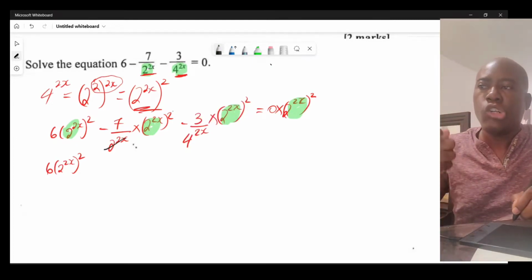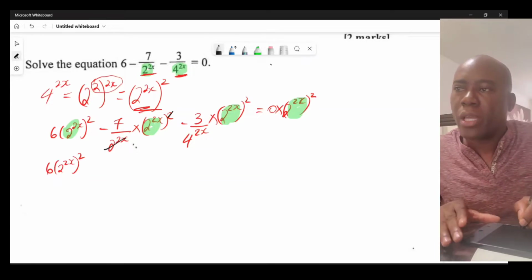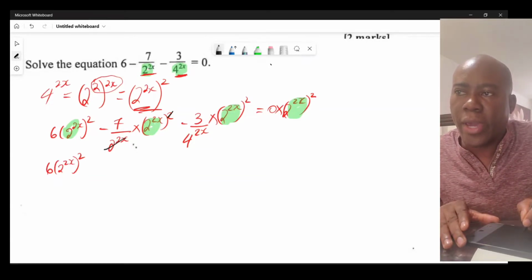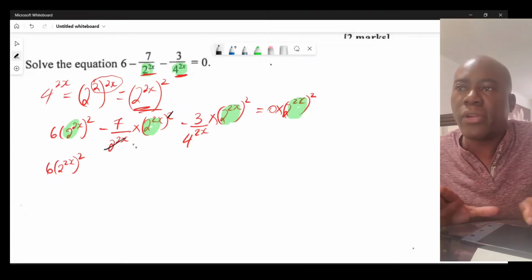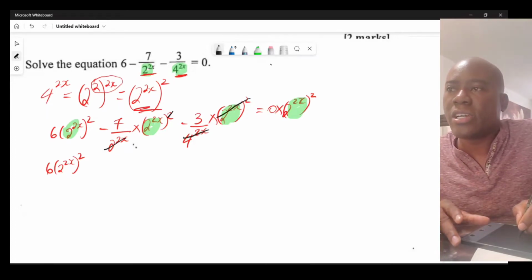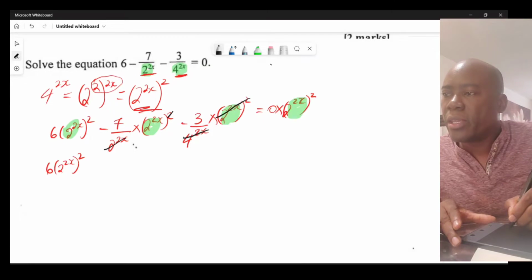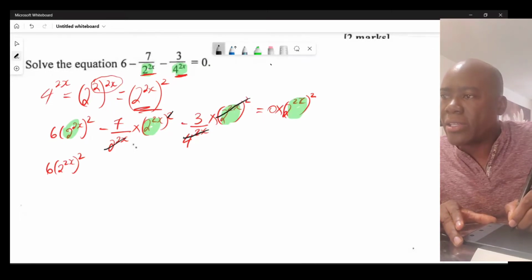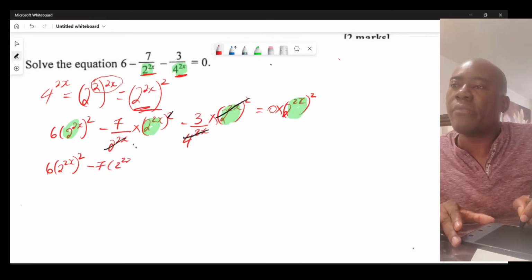So we're left with 2 to the 2x, and that's fine. This 4 to the 2x is the same thing as this, and it fully cancels. And then 0 times anything is 0. So let us finally write back what we have. Here I'll have minus 7, and then in bracket 2 to the 2x. And then a minus 3 alone, and this is equal to 0.